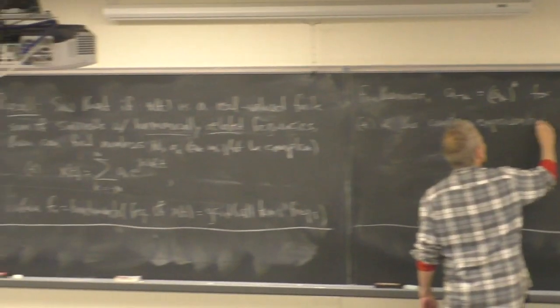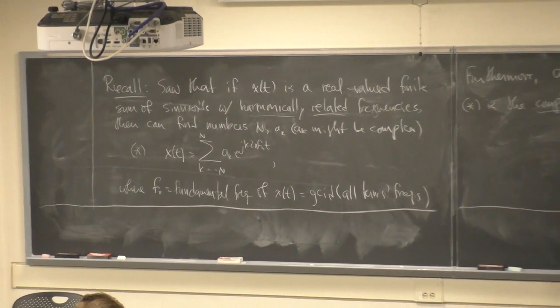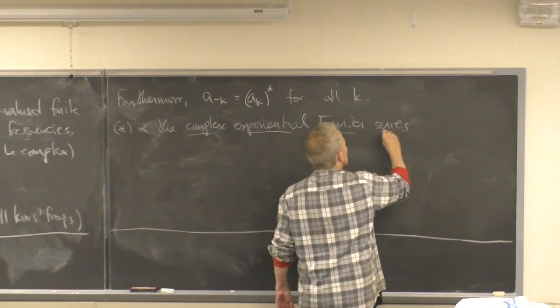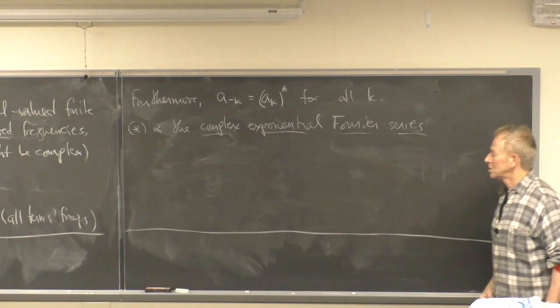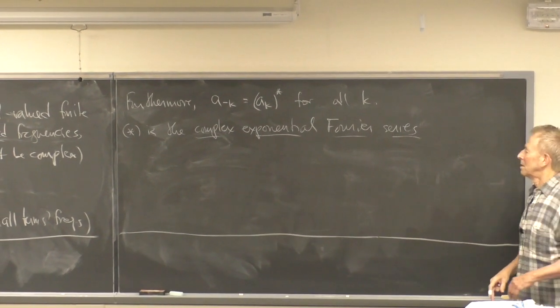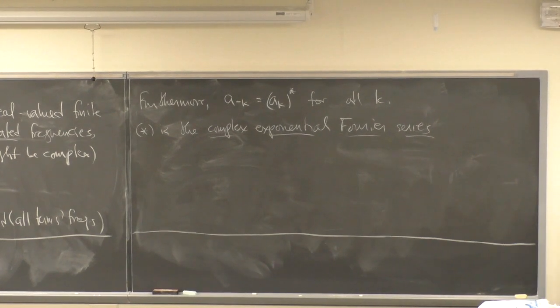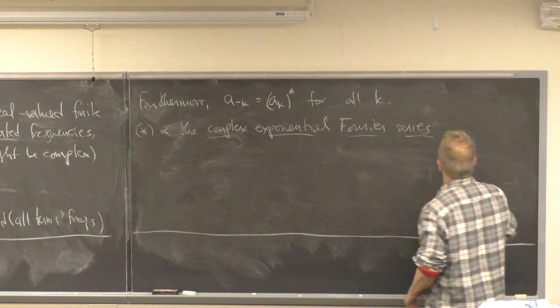Now, all of you, as I learned last time, saw either in your multivariable calc or differential equations course Fourier series in sine and cosine form. It turns out to be a lot cleaner if we write them this way. Figuring out the ak's, all that stuff, is a lot easier. So that's why I like to do it this way.